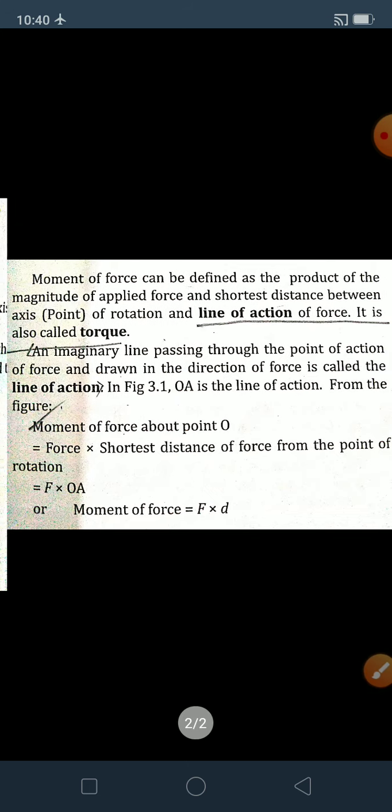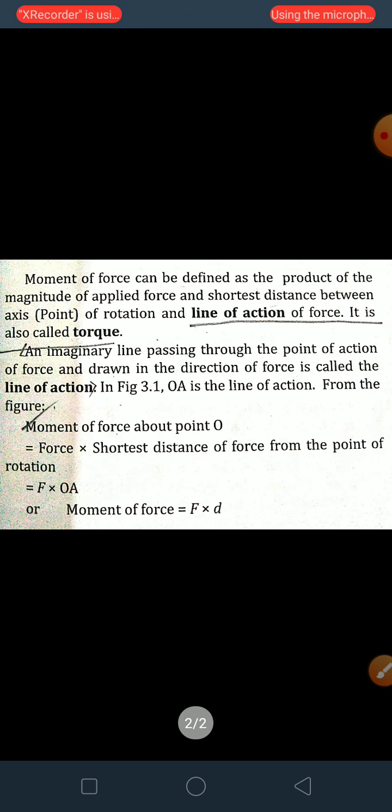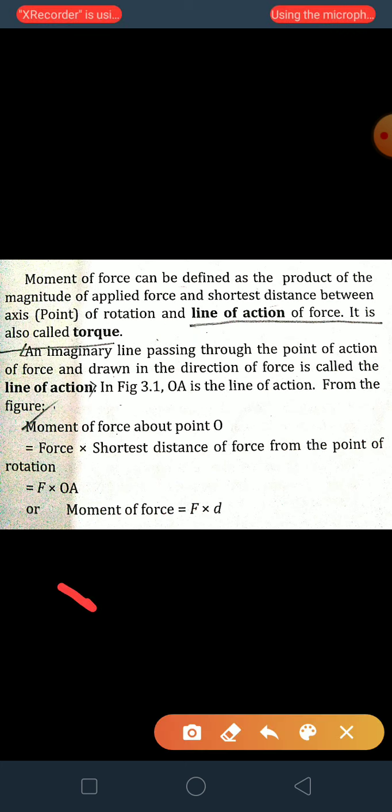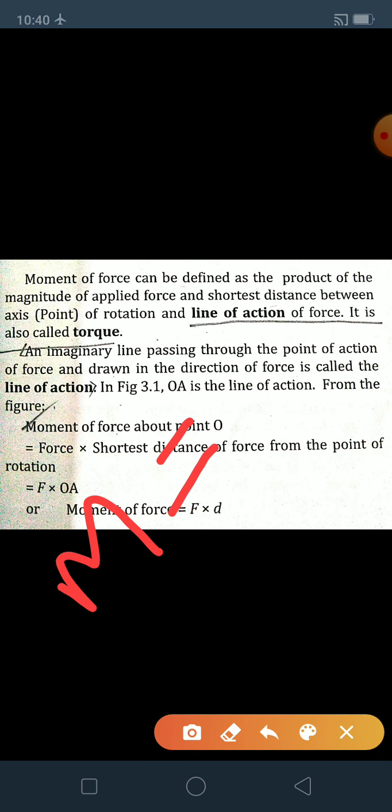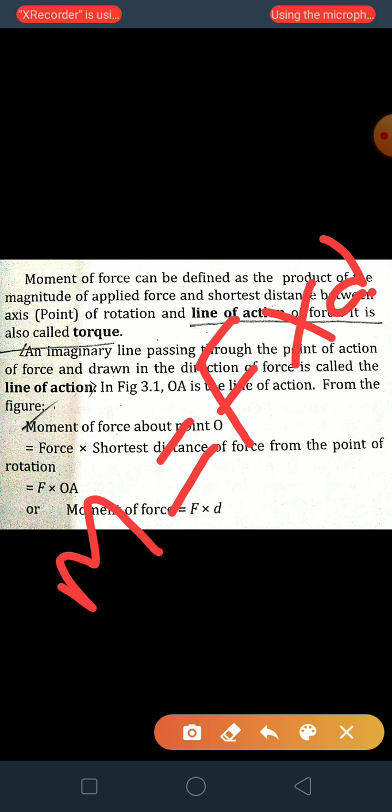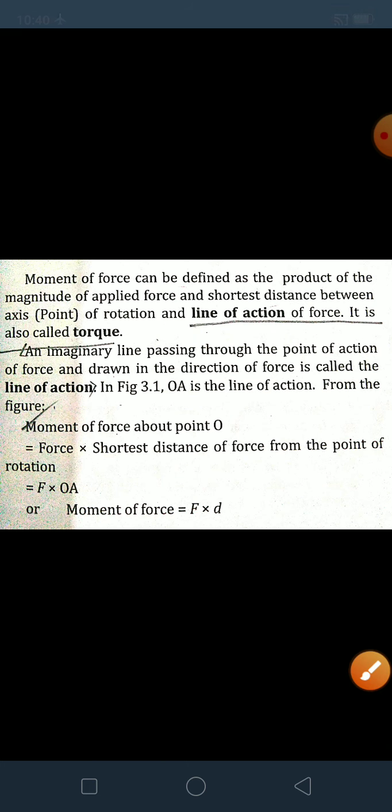So moment of force is force into shortest distance of force from the point of rotation. That is, M is equal to F into D, where M is our moment of force. Is it clear to all?